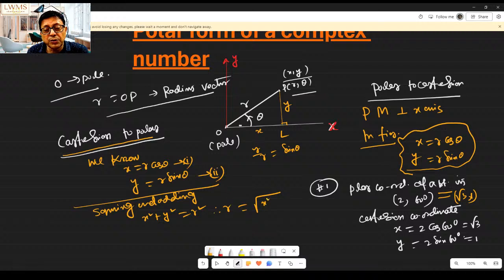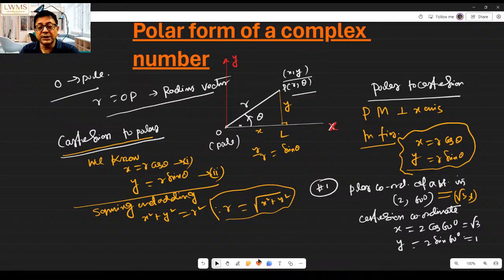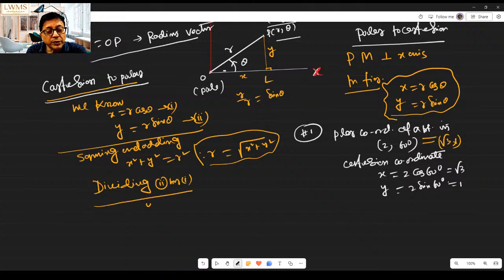So r equals under root x square plus y square. Isn't it? And how do you get theta? Just divide 2 by 1. Dividing 2 by 1, we have y by x equal to tan theta. So theta equals tan inverse y by x.